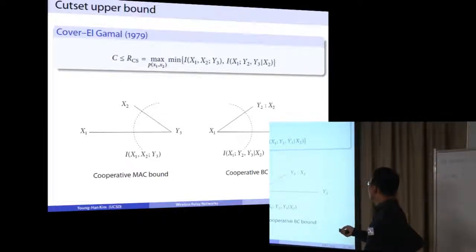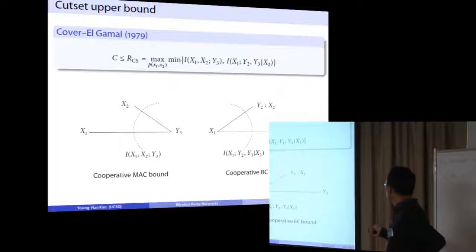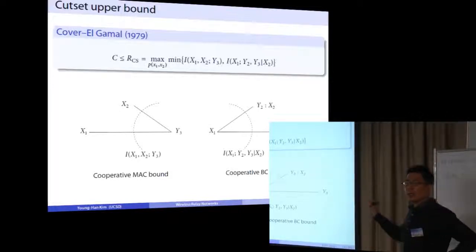The first bound is the cooperative MAC bound: the information flow should be upper bounded by the amount of information X1 and X2 can cooperatively send to Y3. The other bound is the amount of information X1 can communicate while Y2 and Y3 are cooperating to recover the message.